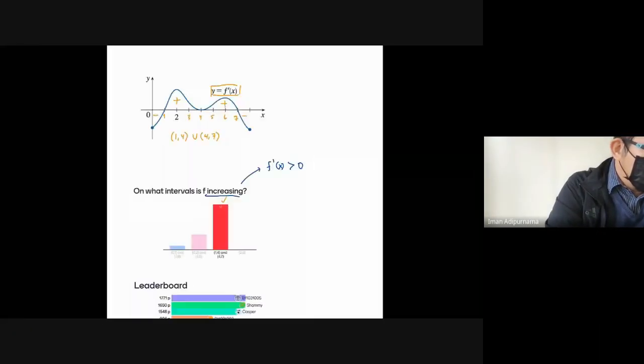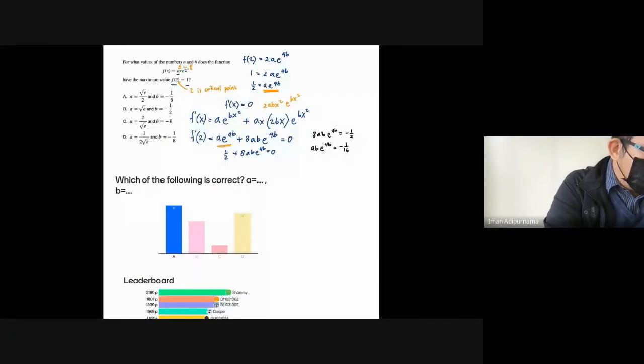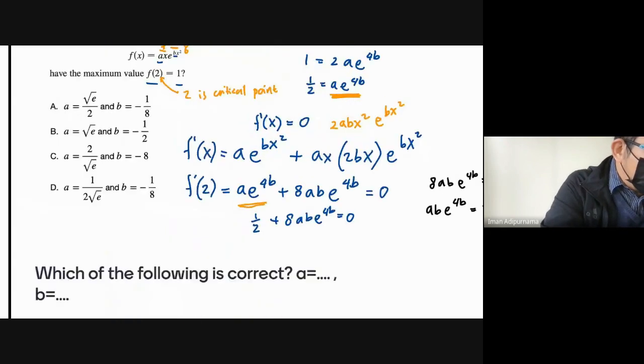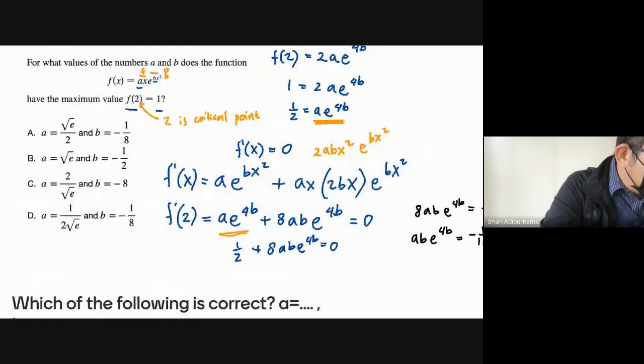Okay, let me go back to here. Wait for a moment. Let me check first if there's a mistake here: a e^(bx squared), ax, e^(bx squared), 2bx.